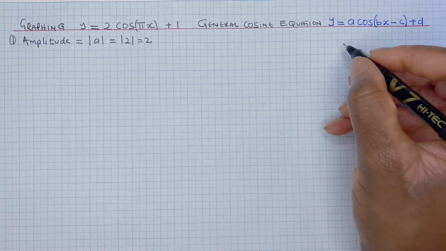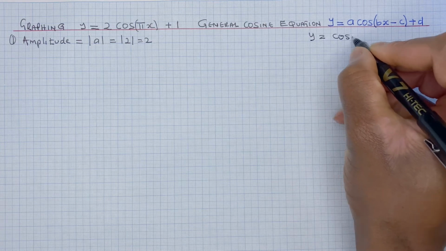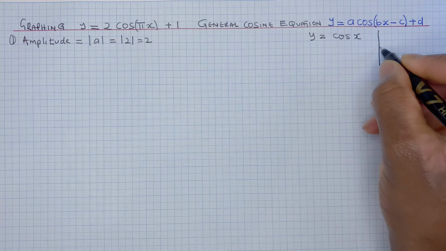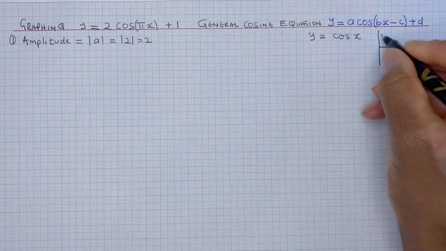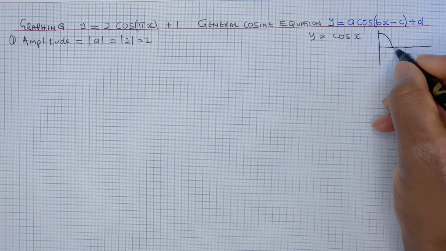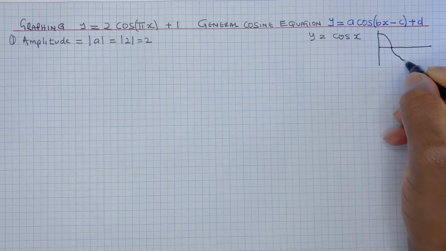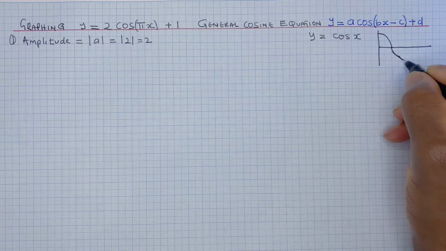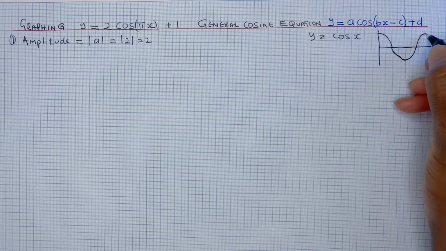If you have a general y equals cos of x, and if we sketch that graph, the graph starts at 1, comes down to 0, goes all the way to minus 1, and then goes back up to 0, and then back to 1.